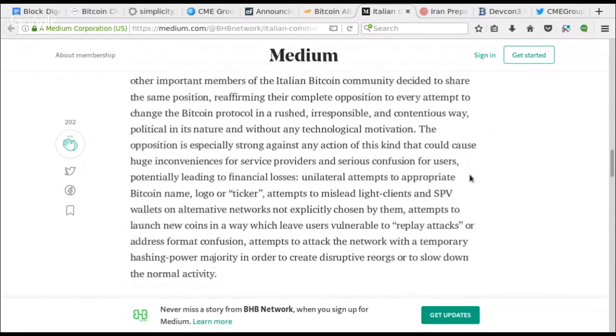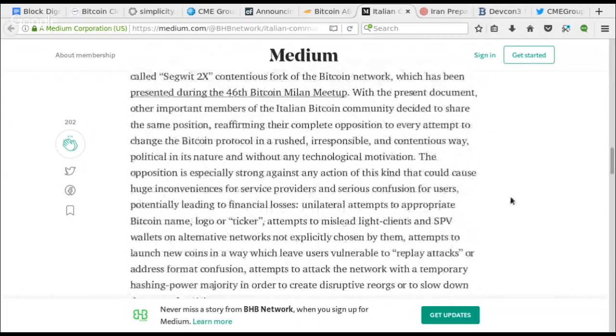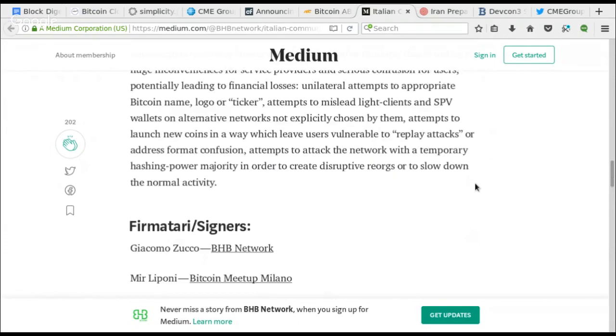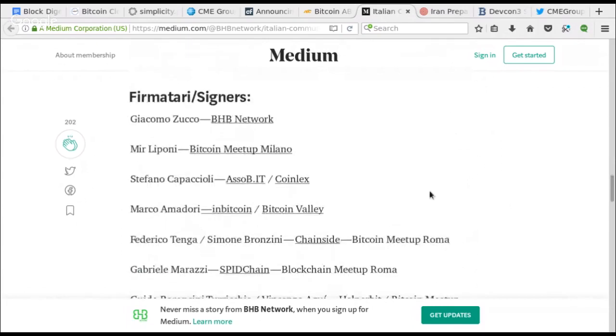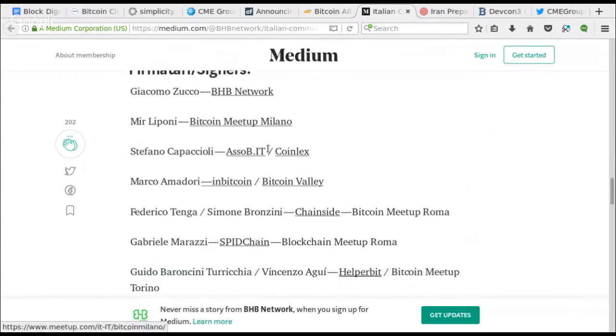And a lot of them are not very happy with contentious struggles or attempts to undermine Bitcoin by snatching logos or ticker symbols, or trying to fool light clients with vague language and doublespeak. And we've seen a couple of different companies associate with an actual Bitcoin meetup, which I would like to point out is kind of hard to Sybil attack social consensus in something like an in-person meetup where everybody's actually there looking at each other as they say things or give their opinion.